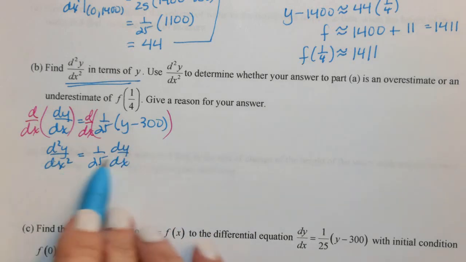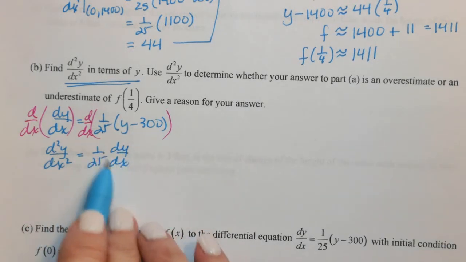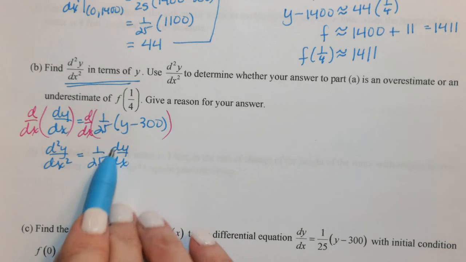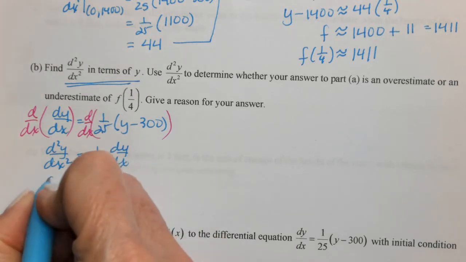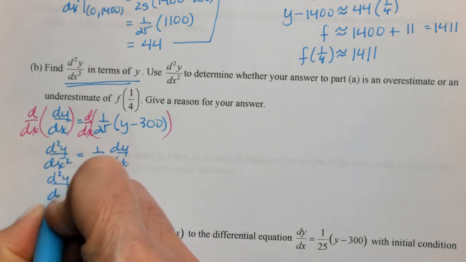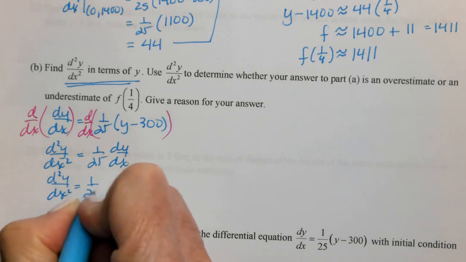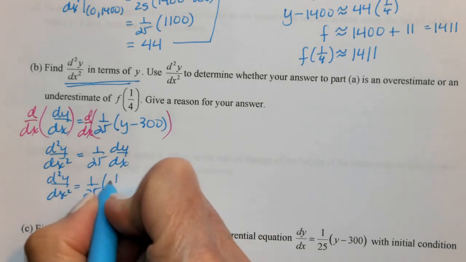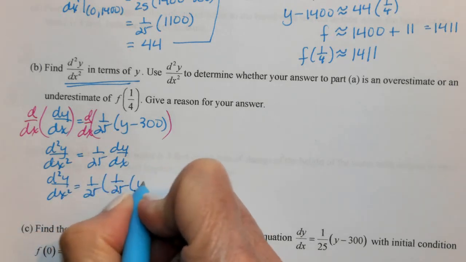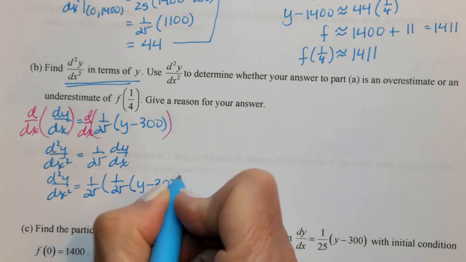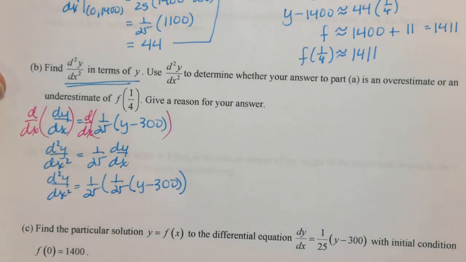So this is the second derivative, but it's not in terms of y, it's in terms of dy/dx. To get it in terms of y, we replace dy/dx with 1/25 times y minus 300. Now the second derivative is in terms of y.